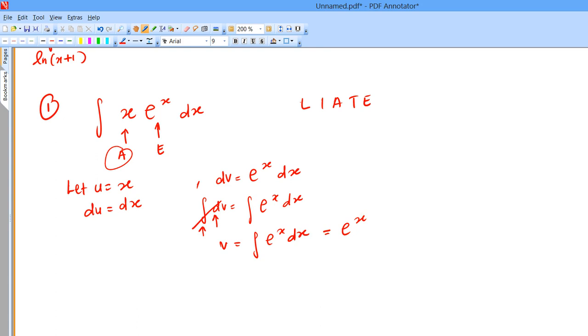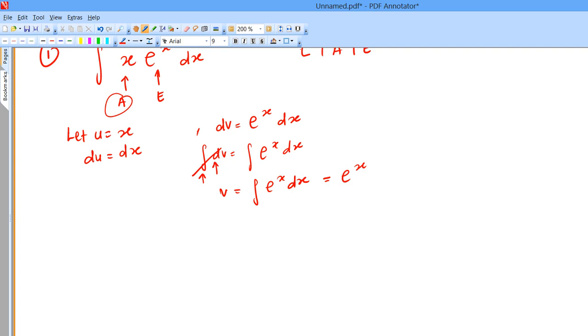Then after we define u and dv, just write the formula: integrate u dv equals uv minus integrate v du. Next step, just substitute.